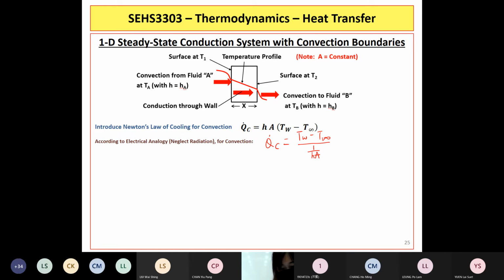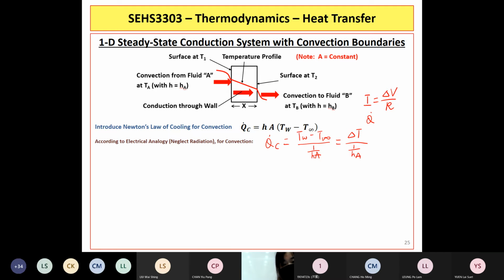This is delta T, the temperature difference. Recall your memory, I equals delta V over R, right?